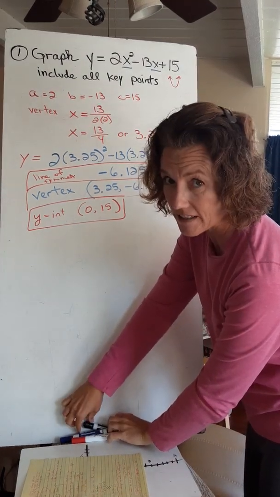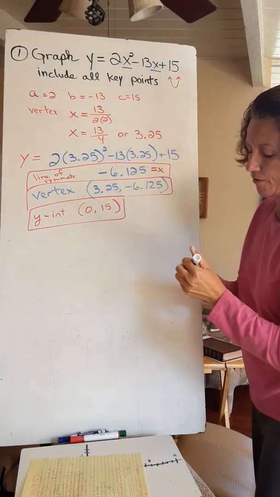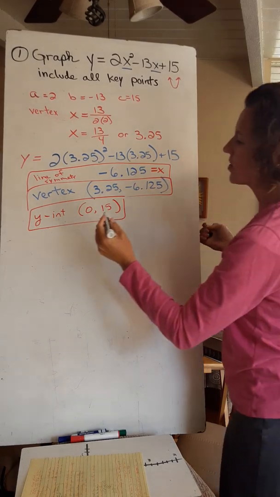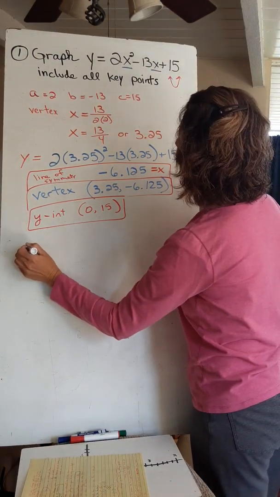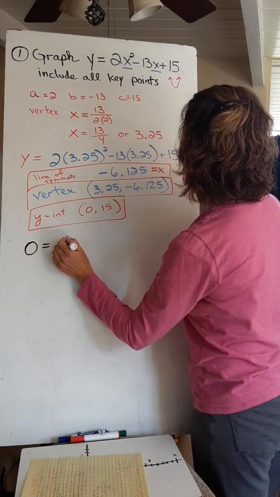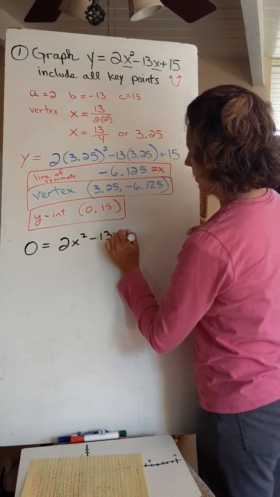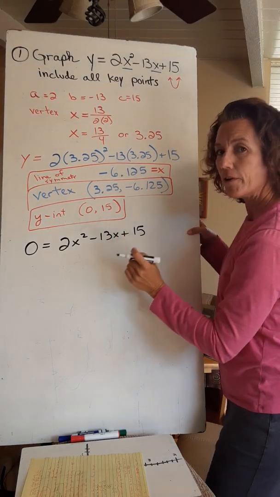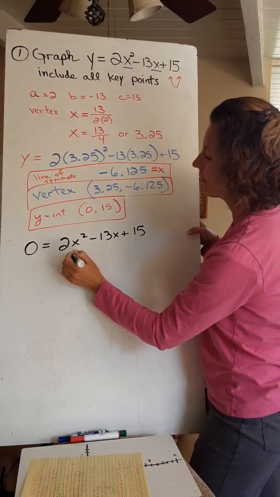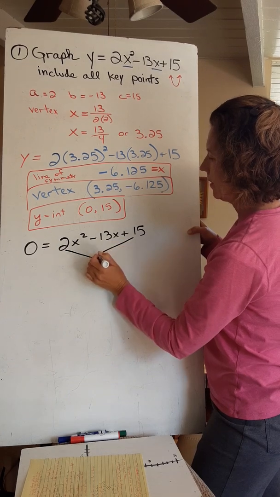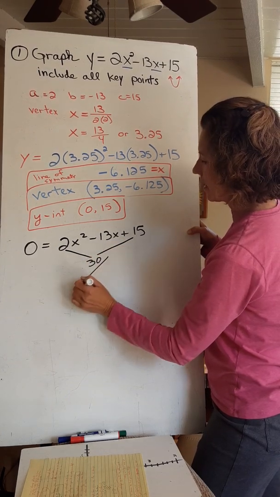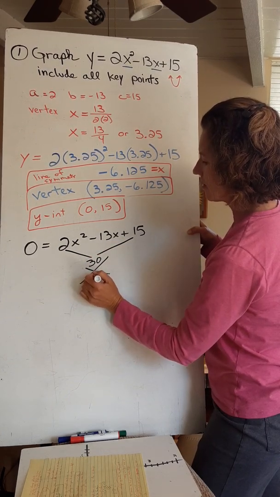How are we going to find the x-intercepts? Hopefully you said factor. So we are going to factor 2x squared minus 13x plus 15. If you remember, when we have a coefficient in front of the x squared term, we multiply those together to get 30. What times what is 30?